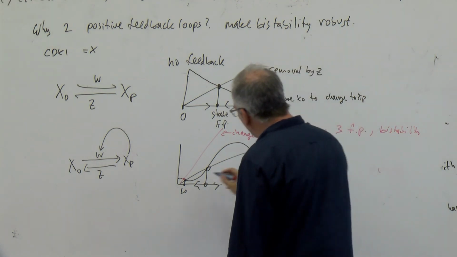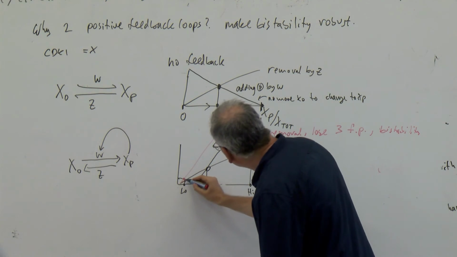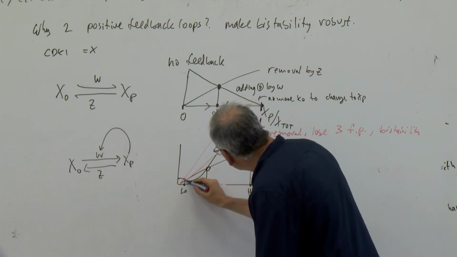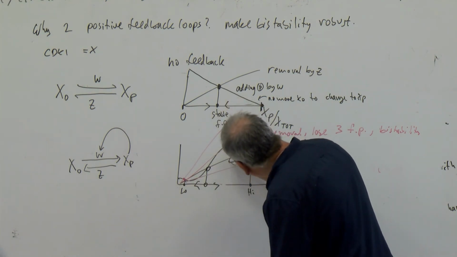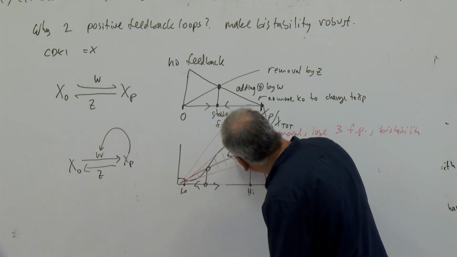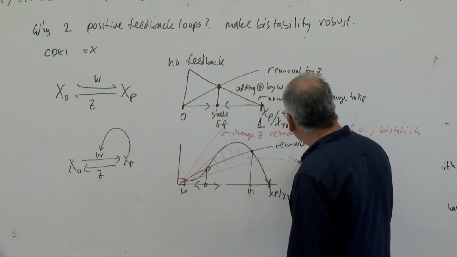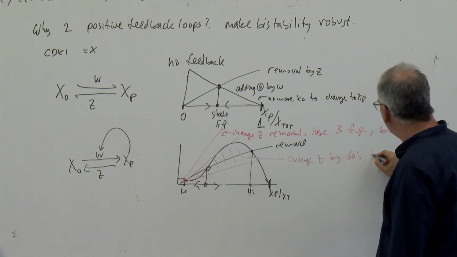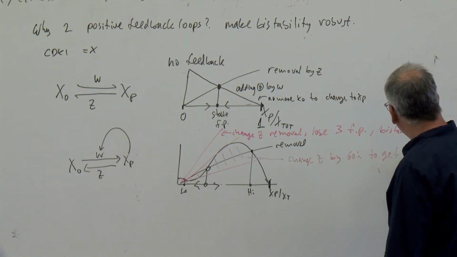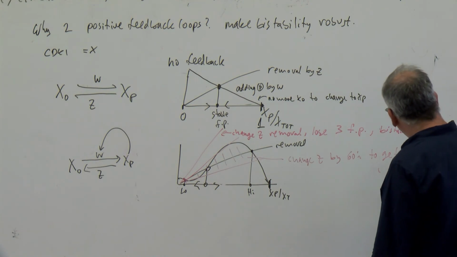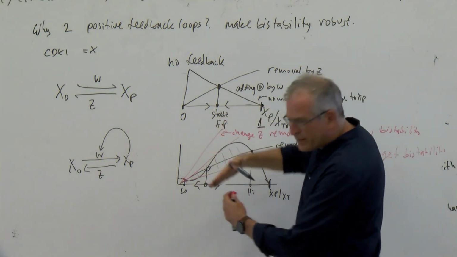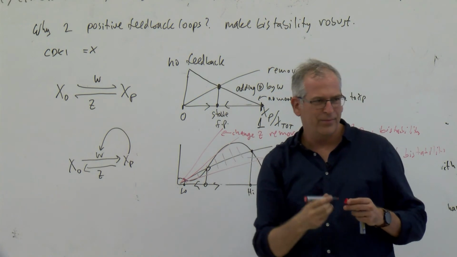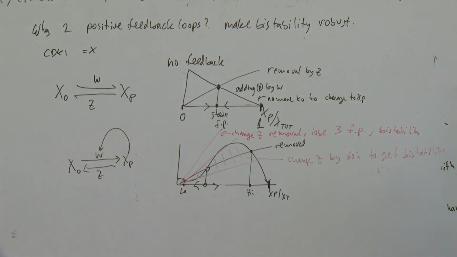In fact, there's only a narrow range where I still get 3 fixed points. It's this range here, where it becomes tangent here and tangent here. In this range, you can only change Z by about 60% to get bistability. Do you see that? Getting 3 points like that requires luck, basically.